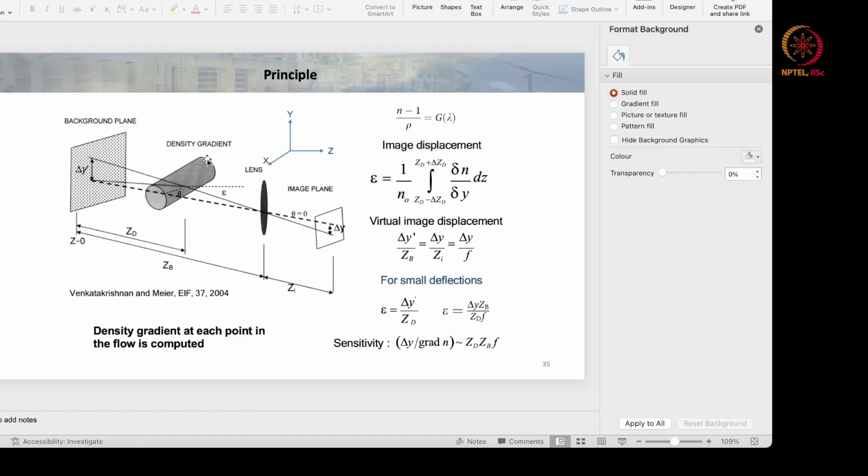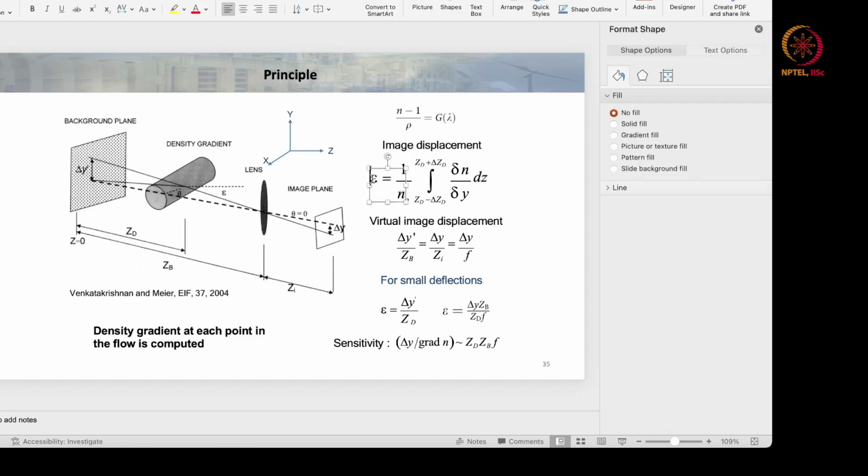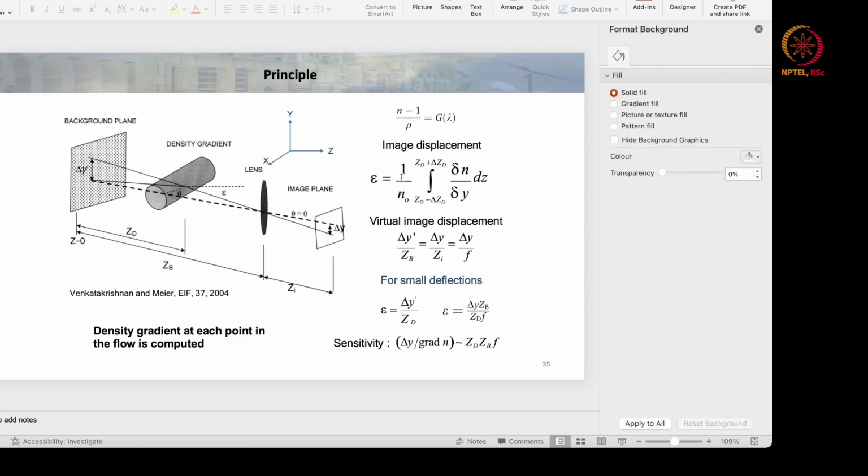Because of the presence of this density gradient, we get an image displacement, which is epsilon. This image displacement is 1 over n naught multiplied by the integral of the variation of n in the y direction, integrated across z, from z d minus delta z to z d plus delta z.